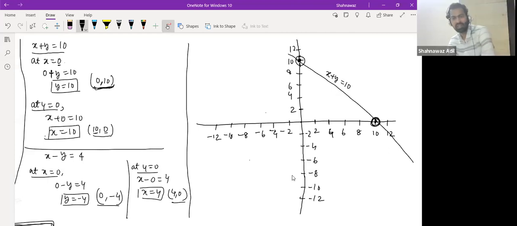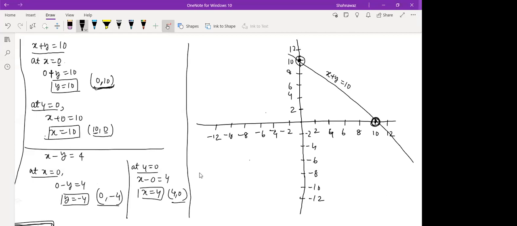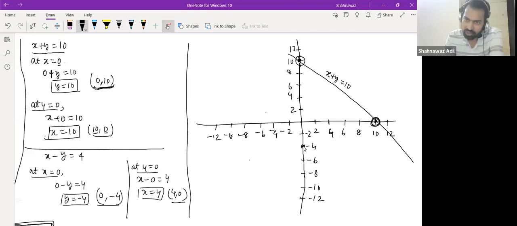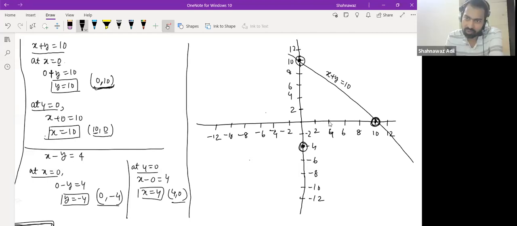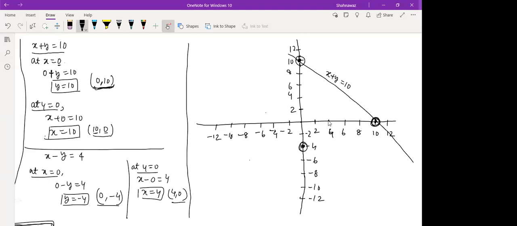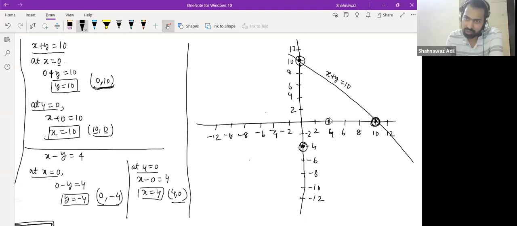And what is the other line? So the other line is 0, comma minus 4, right? So 0, minus 4, this point, right? And what is the other point? 4, comma 0, this one, right? So 4, comma 0 is this one.